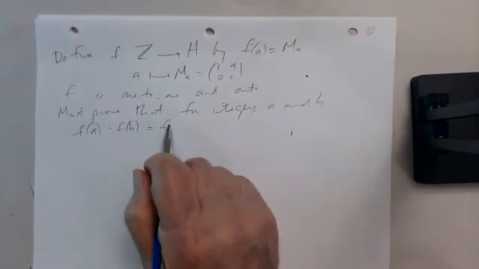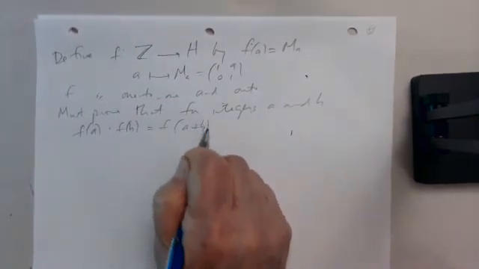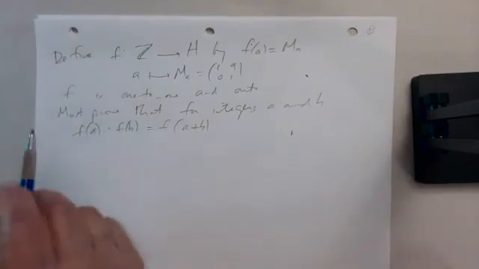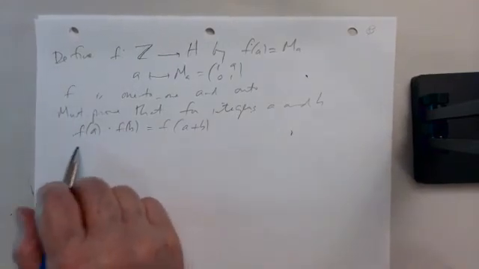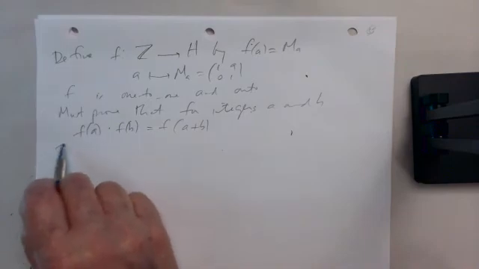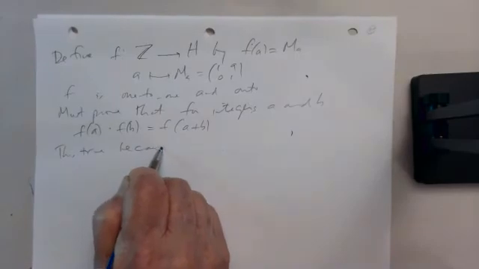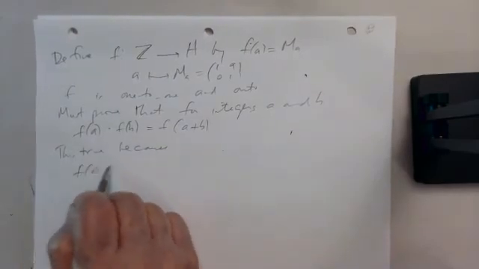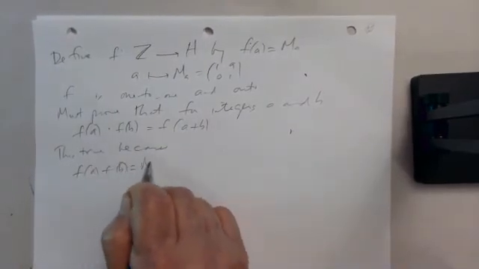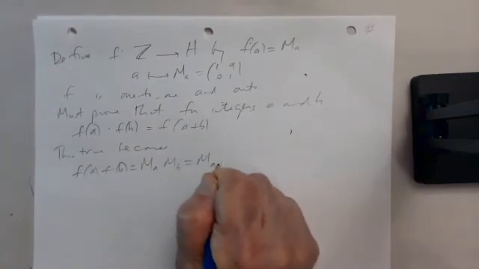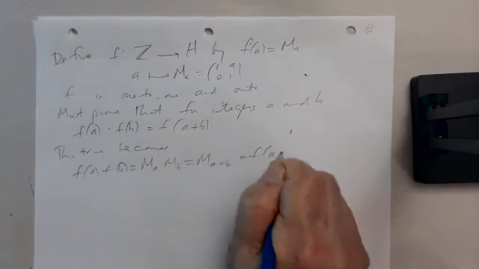That's the same thing as f of A plus B, where the plus is the binary operation in Z. And the proof of this is immediate, because f of A times f of B is the matrix MA times the matrix MB, which we saw was the matrix M sub A plus B, which is f of A plus B.